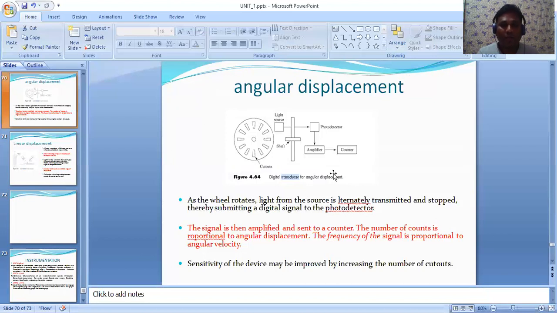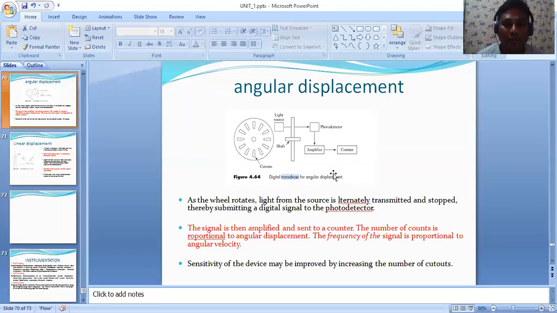Finally, that output is indicated by the counter. What is the meaning of the counter? A counter converts a number of inputs to one number of output.